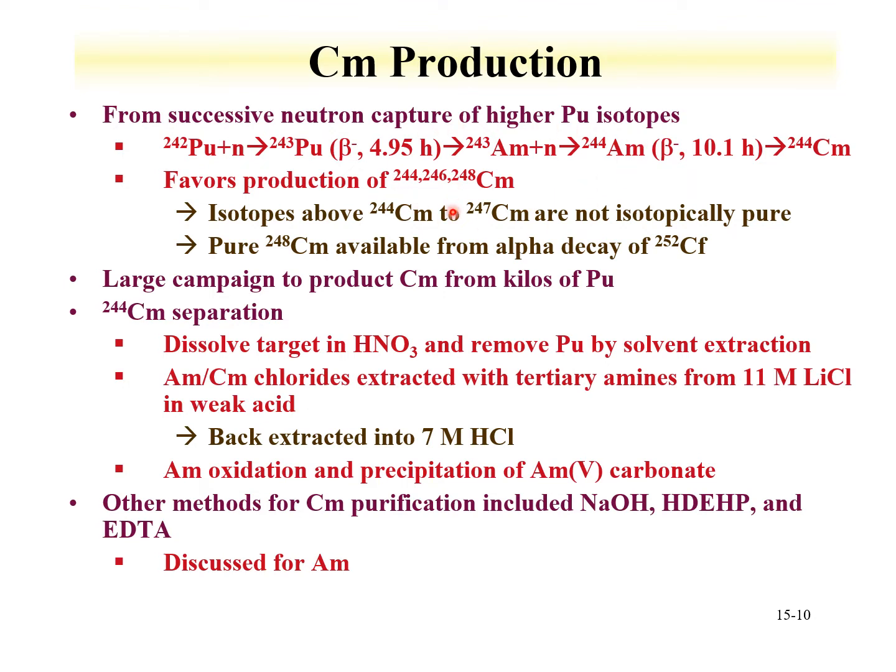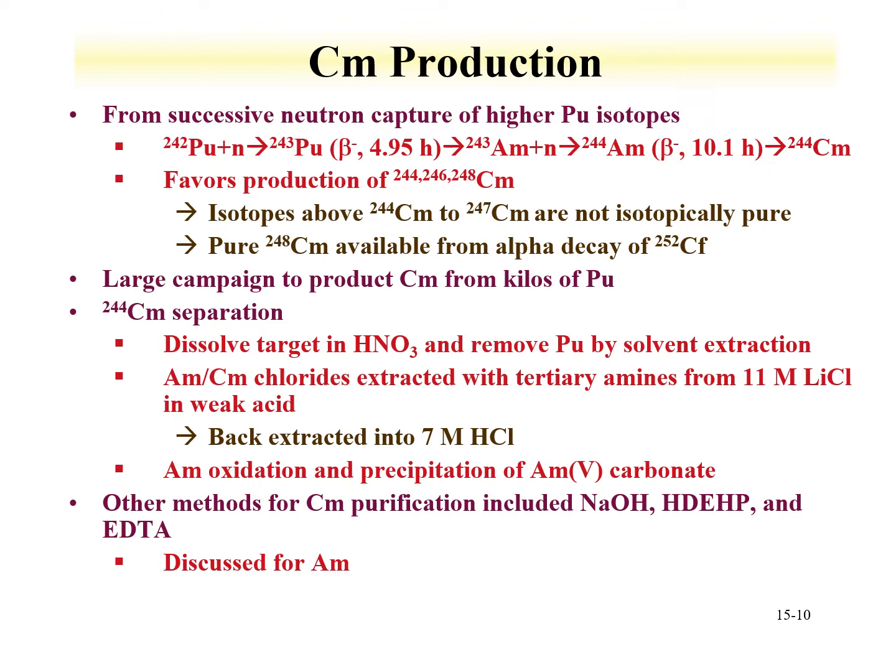The even isotopes are favored in the production, mainly because of the higher fission cross-section for the odd A isotopes. From this you would see that curium-248 would come in a mixture of isotopes extremely difficult to separate. However, pure curium-248 can be obtained from the alpha decay of californium-252.